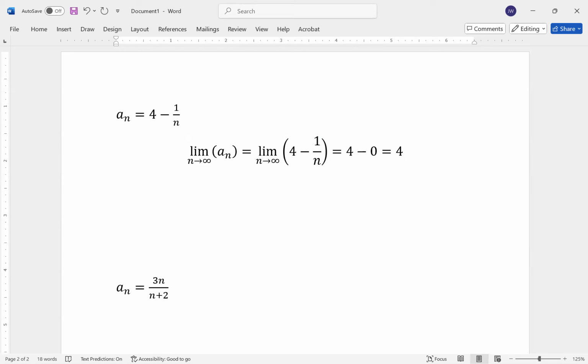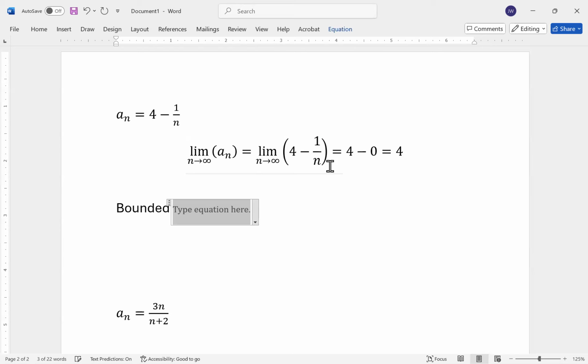Now, I want to say this about this sequence, excuse me. This sequence is in fact bounded, because if you start plugging in n of 1, n of 2, we're always going to get 4 minus this number. That means the sequence is always going to be under 4.